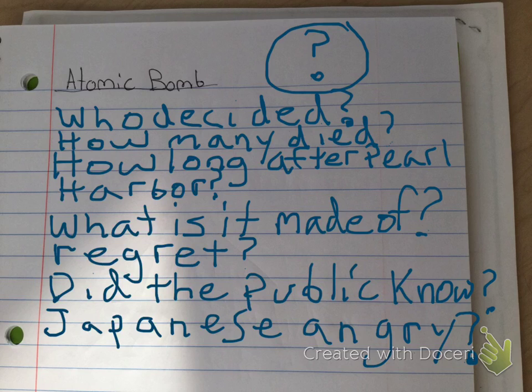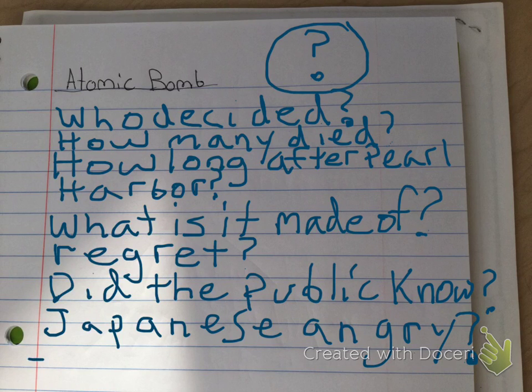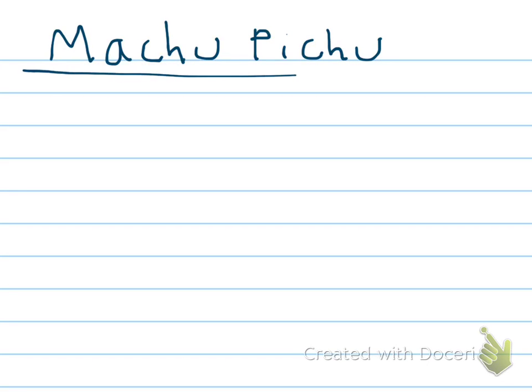So I'm going to make yet another part of my notebook, either below the atomic bomb or on the next page, whatever works for me. And I'm going to put Machu Picchu. And then below it, I'm going to list questions. So if there's anything else you want to add, another topic you want to explore, this is your chance to do it.